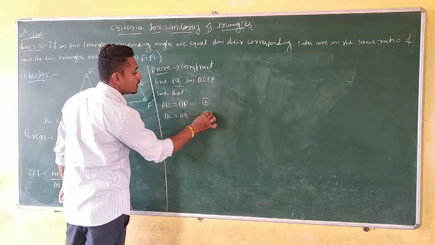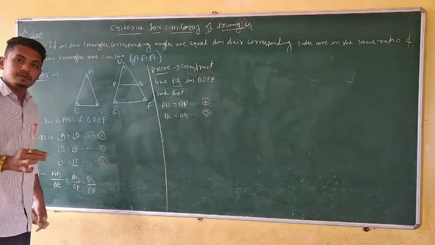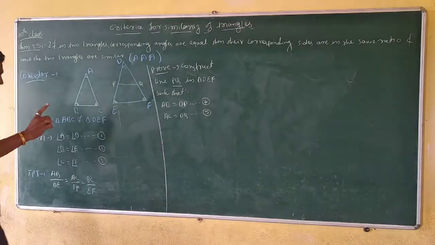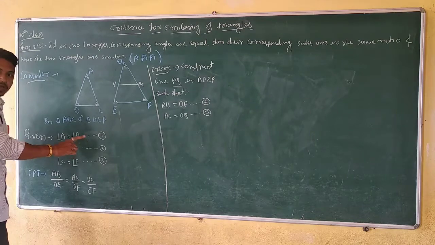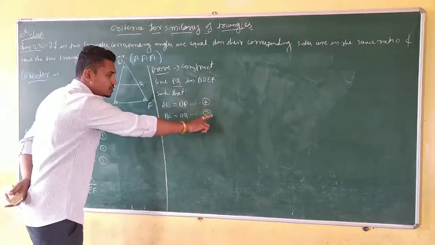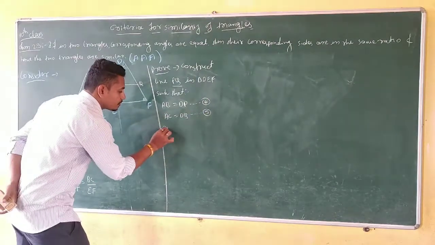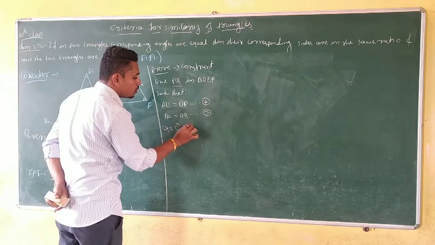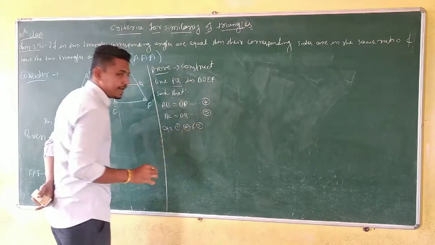This equation we call equation number 5. Now see here, observe equation number 1, equation number 4, and equation number 5.